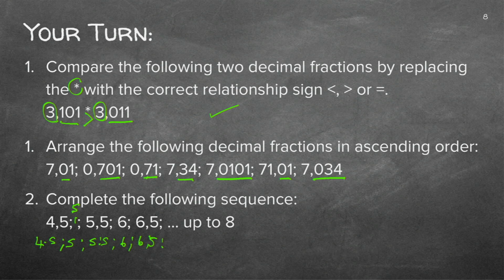So what is the difference? The difference is 0.5. So this is very easy. 6.5, 7, 7.5, and our 8. So there we've got 7, 7.5, and 8. Congratulations if you've got that correct.